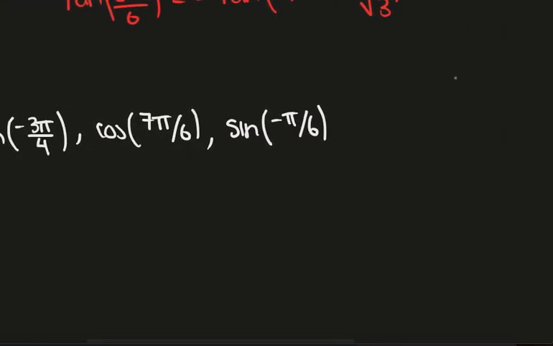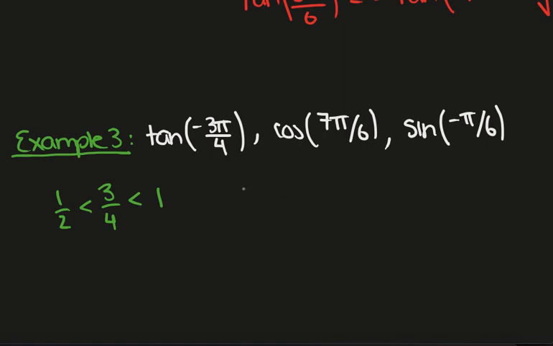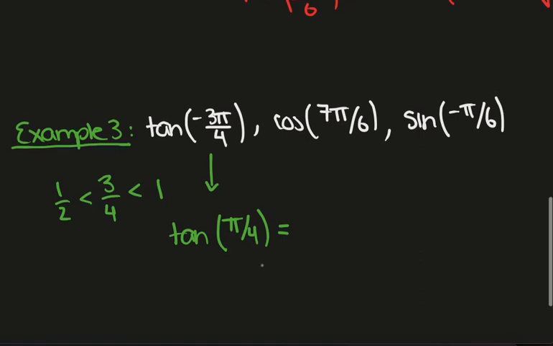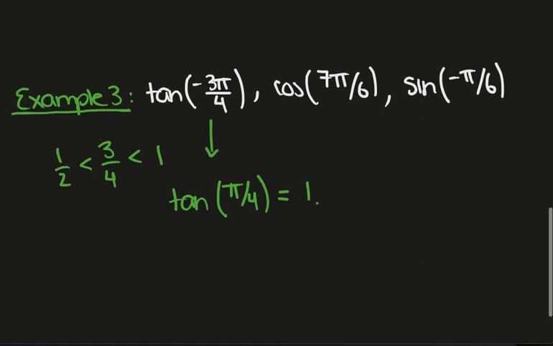If I draw them here, so all students talk crap, then if I go this way, that's a whole pi along, but I only want to go 3/4 of that way. So I'm in this tan quadrant, so tan is positive. So this is the same as tan of pi on 4. And as we mentioned at the beginning of the video, this is one you just memorize. Tan of pi on 4 is just 1.